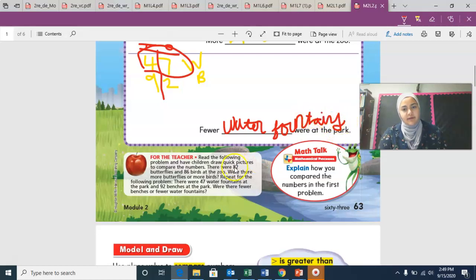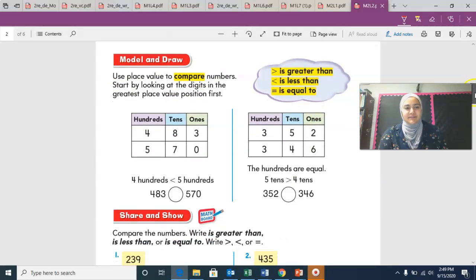Oh, that's hard for me to write. If you can't read that, it's right there. Water fountains. Okay, all right, let's move on.